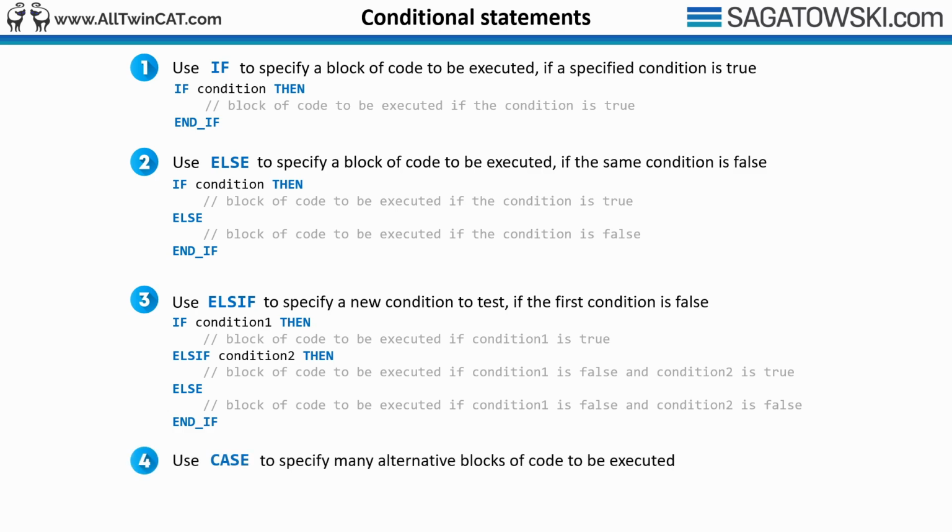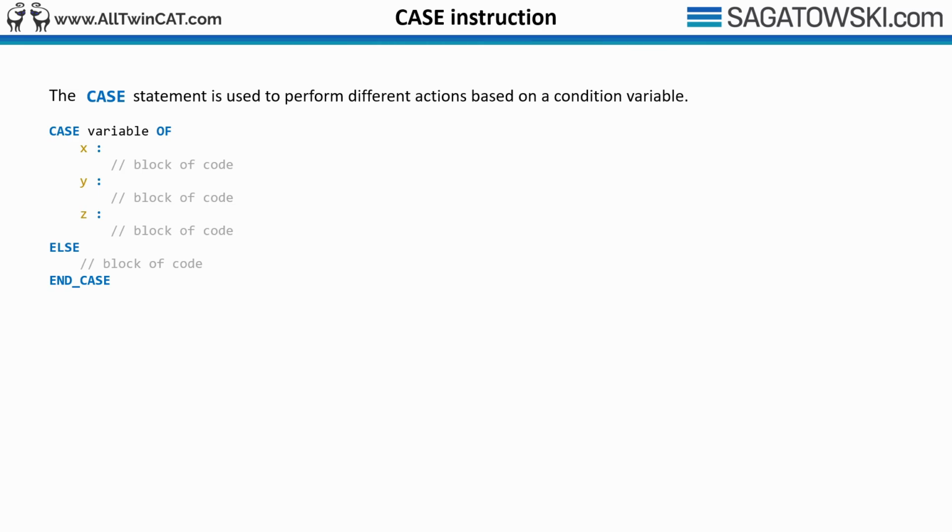Use case to specify many alternative blocks of code to be executed. We will not discuss this instruction. The case statement is used to perform different actions based on a condition variable. The value of the variable is compared with the value of each case. In the above example, the variable is checked against the value x, y, or z.